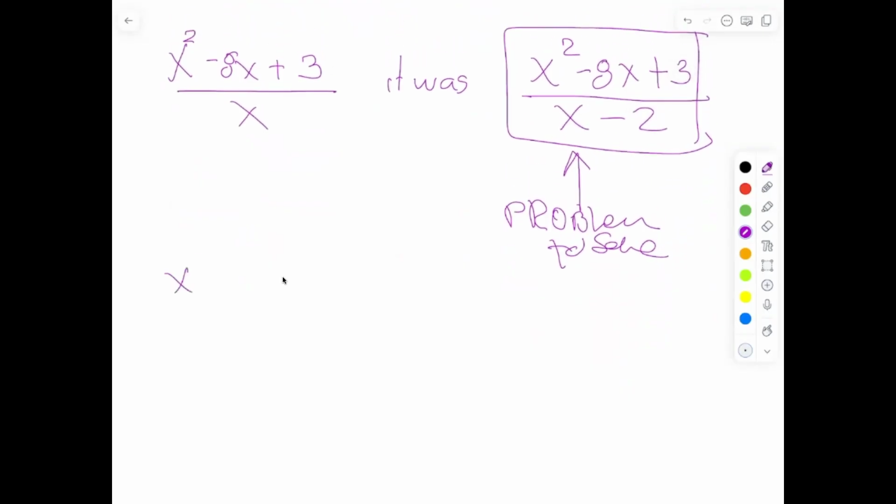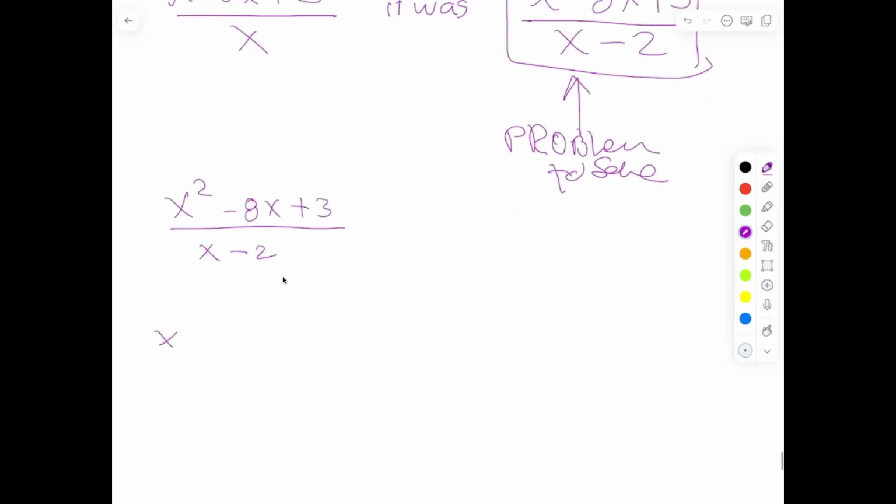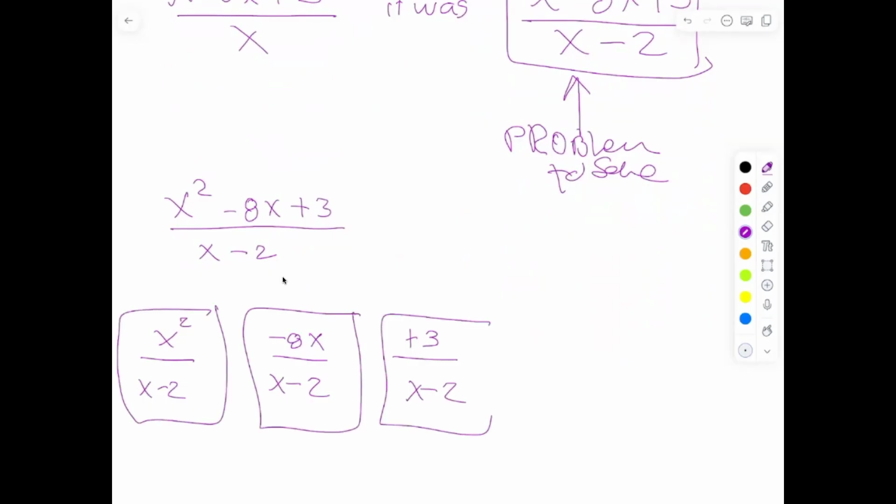Can x squared minus 8x plus 3 over x minus 2 be broken down into x squared divided by x minus 2, negative 8x over x minus 2, positive 3 over x minus 2? Can we do this? Is that easy?